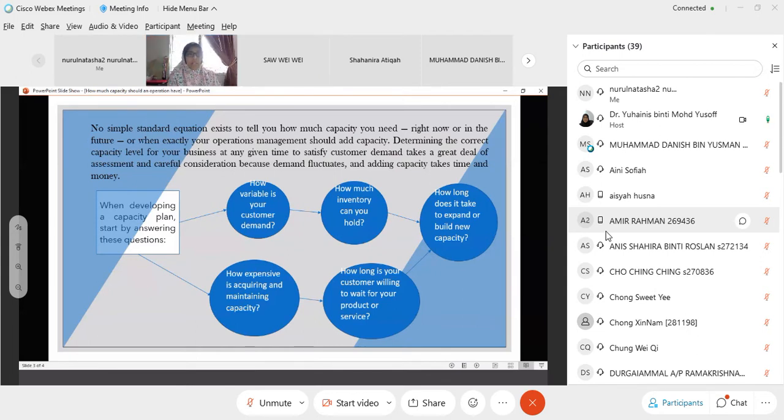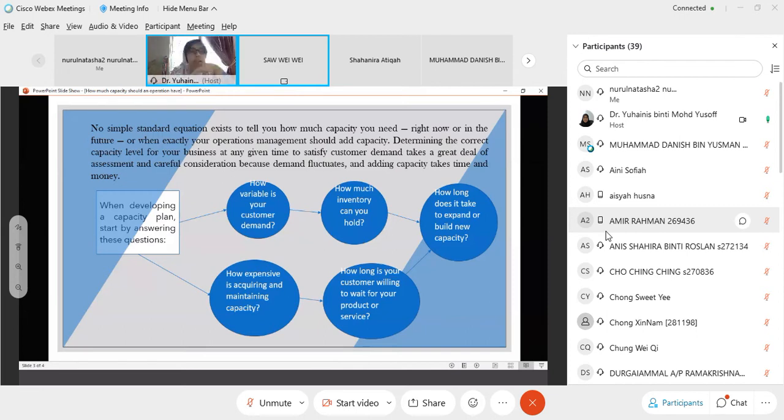Determining the correct capacity level for your business at any given time to satisfy customer demand takes a great deal of assessment and careful consideration because demand fluctuates and adding capacity takes time and money. All right.